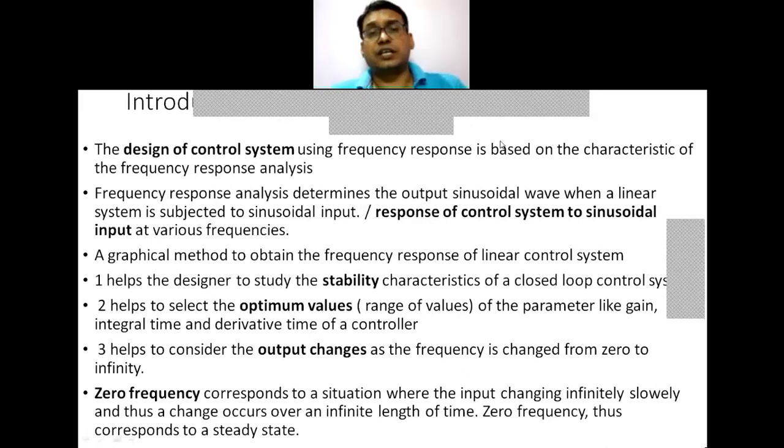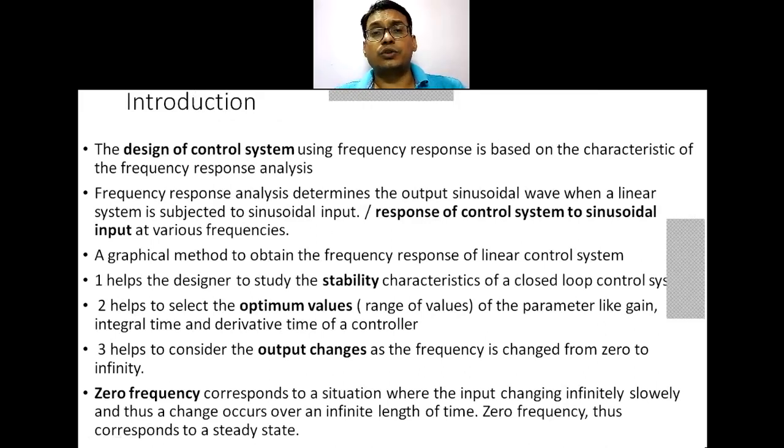Now it is basically to design the control systems using the frequency response. So frequency response means the output for a sinusoidal input will also be in a sinusoidal form, because most of our systems related to chemical engineering give you the response in the sinusoidal manner.